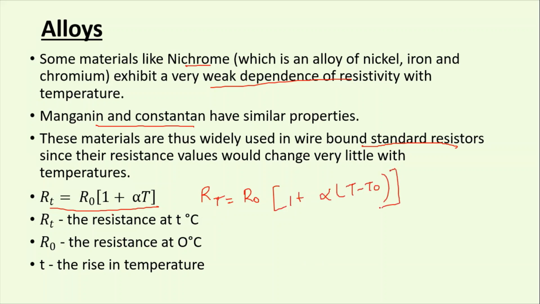So when there is no reference temperature, you can reduce this equation to this. So summarizing, alloys will have high resistivity, they have a very weak dependence on the temperature, and they always have high resistance.